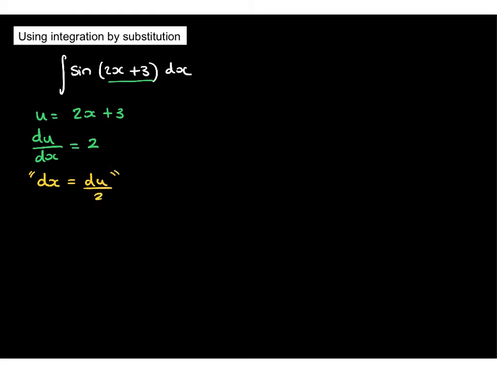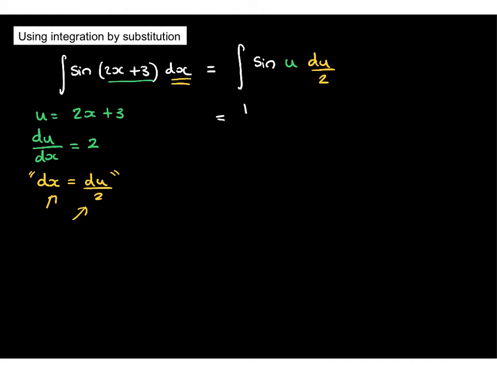Remember, we write that in quotation marks because it's not really a real piece of maths, it's just a very convenient shortcut. So this is then the integral of sine u, but instead of dx, we can replace that with du over 2.